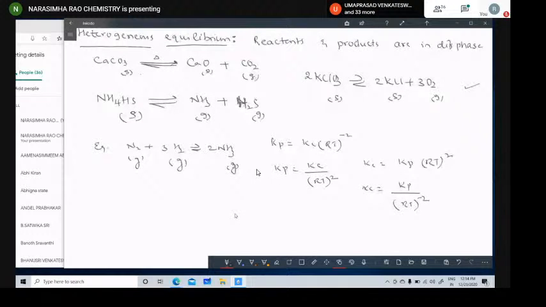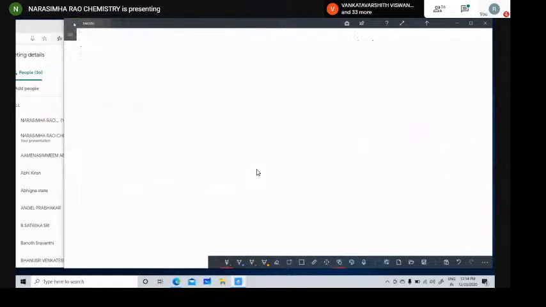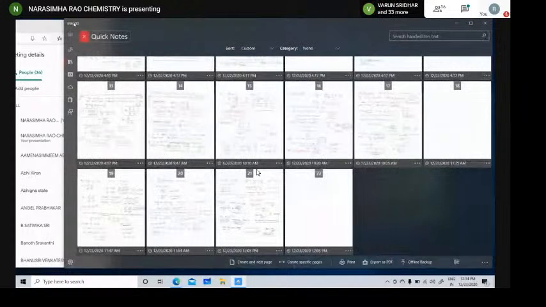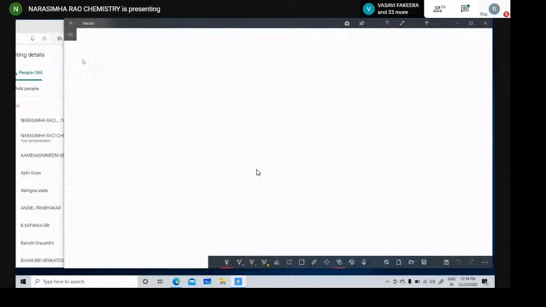Now, let me go to the factors affecting the Kc or Kp values. Factors affecting the equilibrium constant, either Kc or Kp, not Kc by Kp.